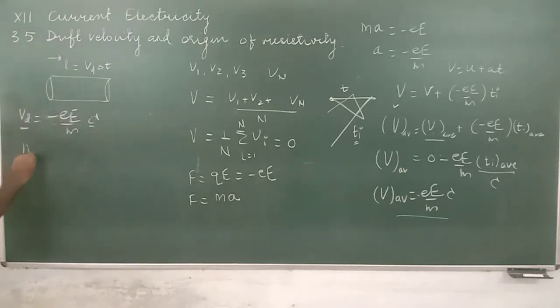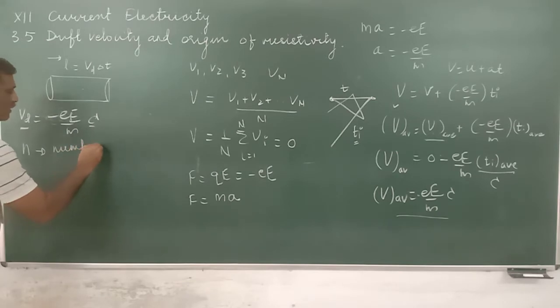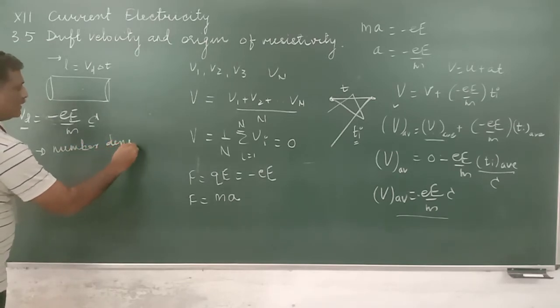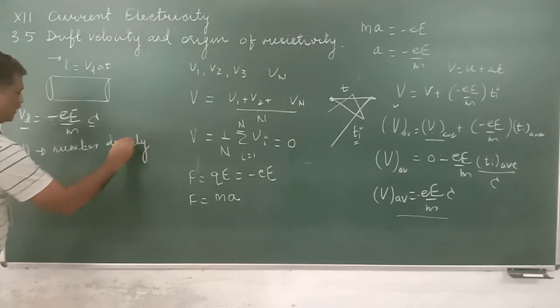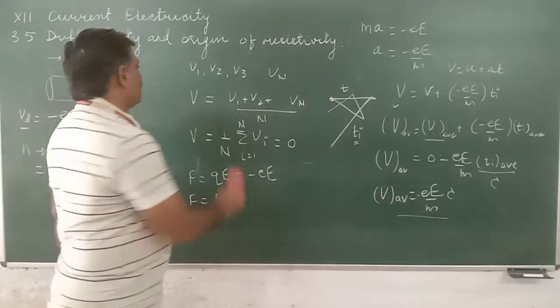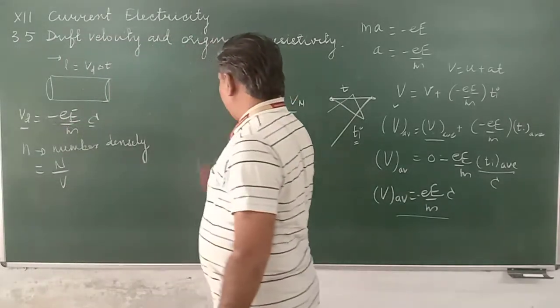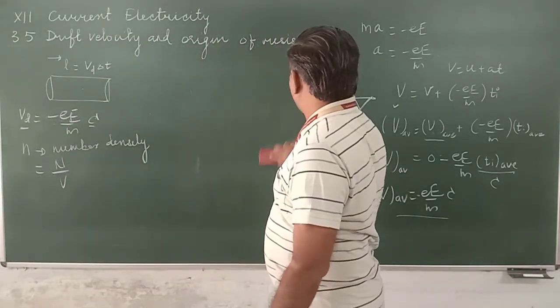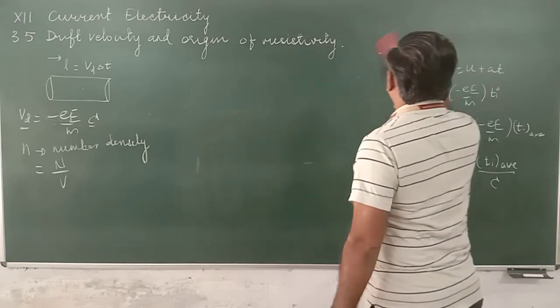Let us consider n, the number density. What is n? Number density of electrons is nothing but the number of electrons per unit volume.